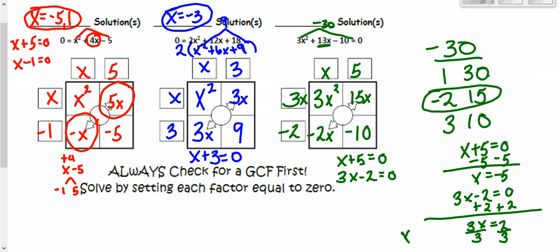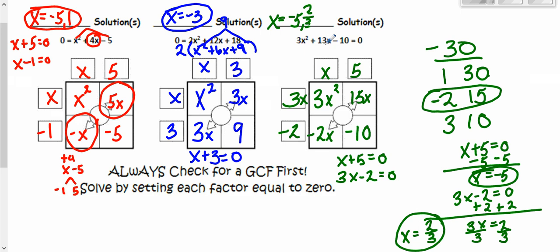So x equals 2/3. So I have my two solutions. My first solution is negative 5. My second is 2/3. So x equals negative 5, comma 2/3. Erase that so you can see a little better. Okay, and that is how we solve quadratic equations by factoring.